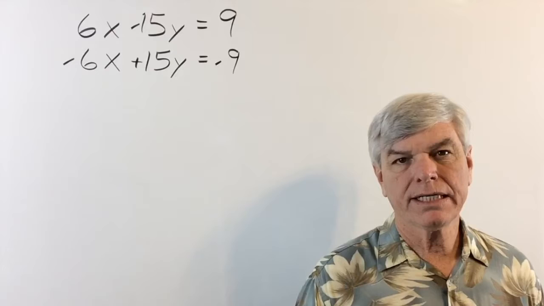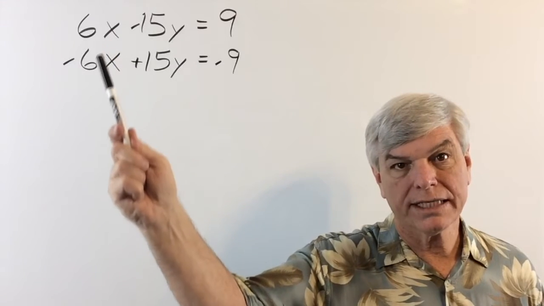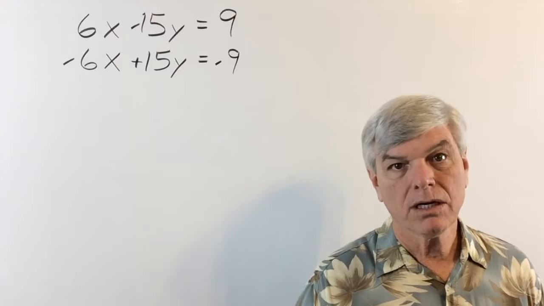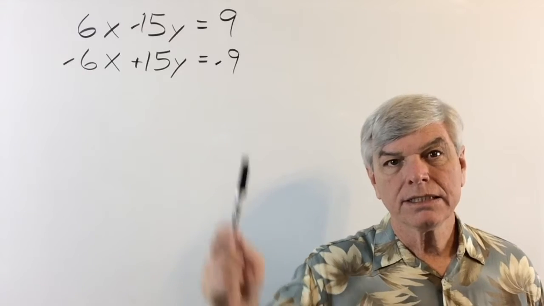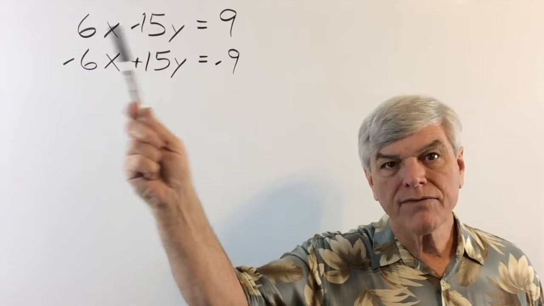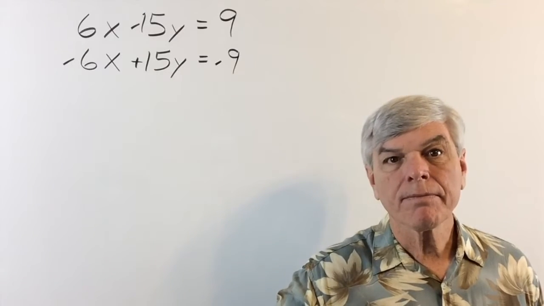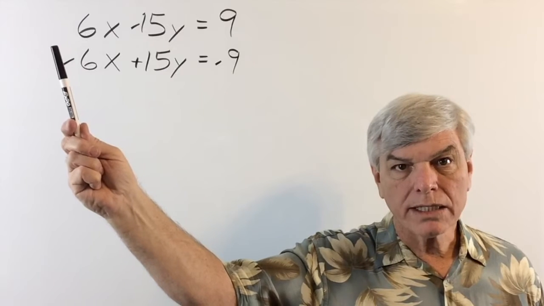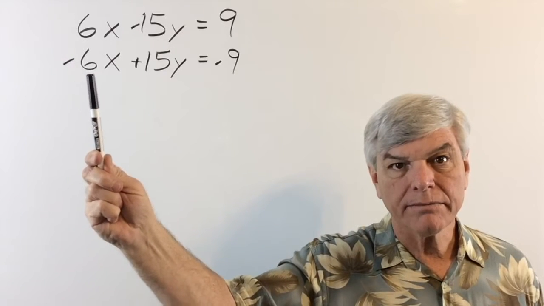Now the first thing we can do is add these two equations, and that's going to be 0 equals 0. Or you don't even have to do that. If you multiply this top equation or the bottom one, it doesn't matter, by negative 1, we're going to have negative 6x up here, same.